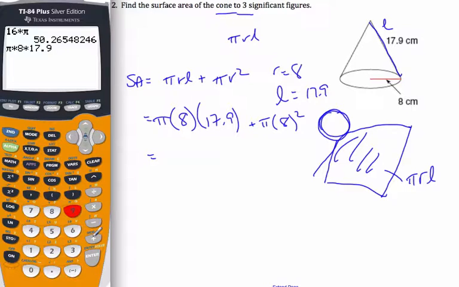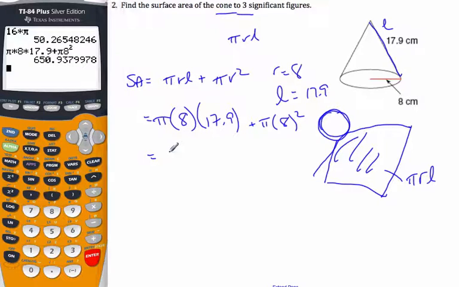I type it straight in my calculator as it's there and let the calculator do the work. To 3 significant figures, I get 651, and my units are centimeters squared.